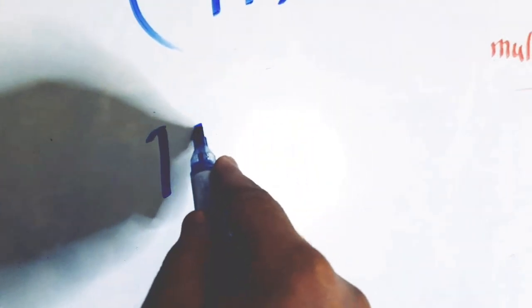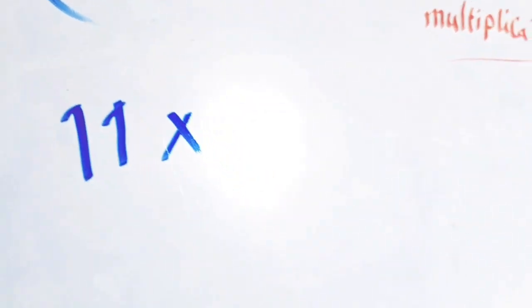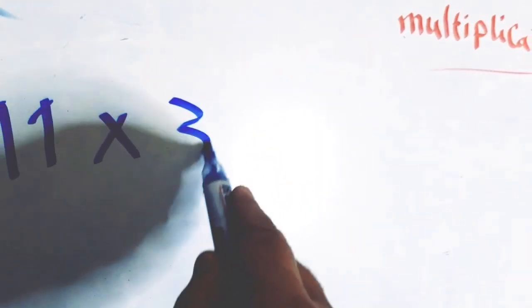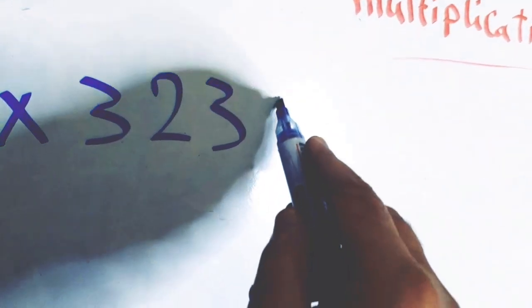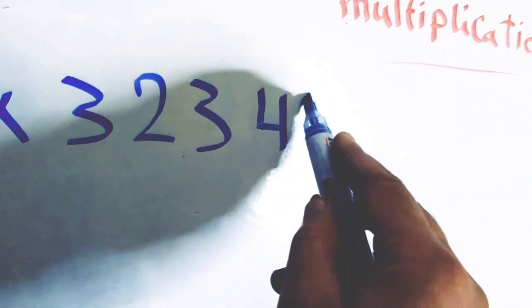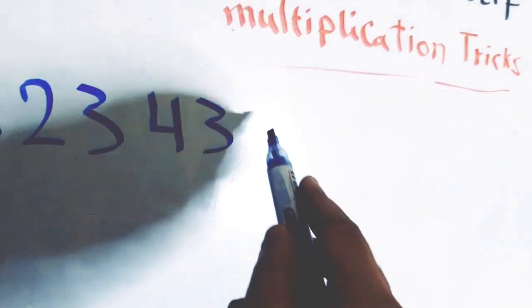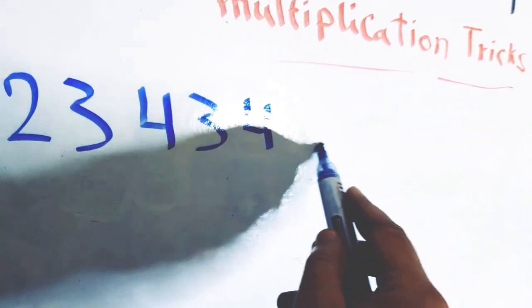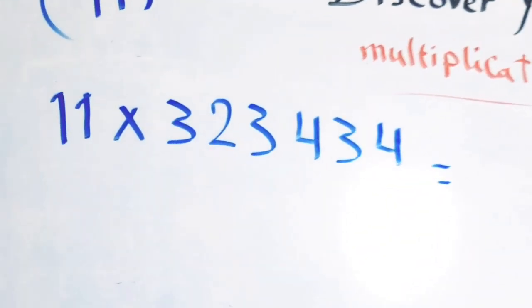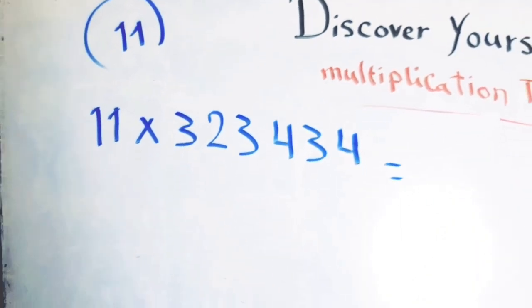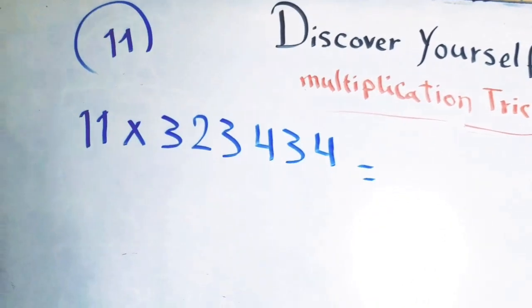Let's see. 11 times 3, 2, 3, 4, 3, 4. Yeah, it's a large number. We can reach the multiplication product simply and fast.